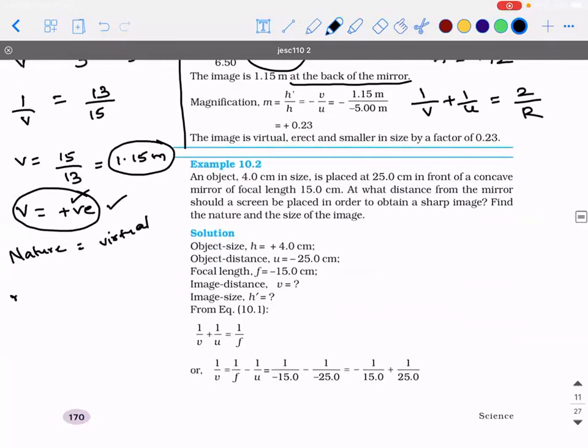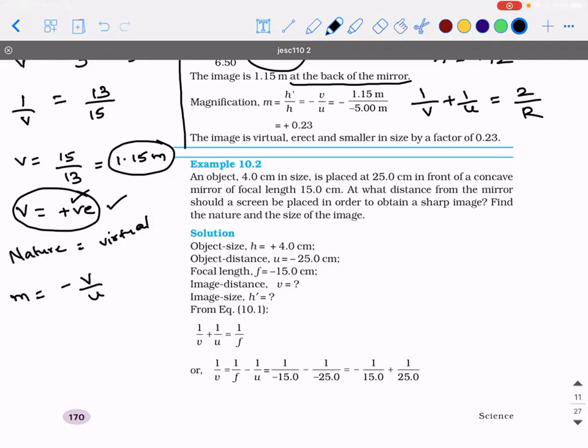Now what about magnification, guys? Magnification is equal to minus V by U, is it not? Why am I using the formula of minus V by U in this case? Why am I not using H dash by H? Because we don't know the height. Very good. In this question, they have not given it. They only gave the object and the image distances.